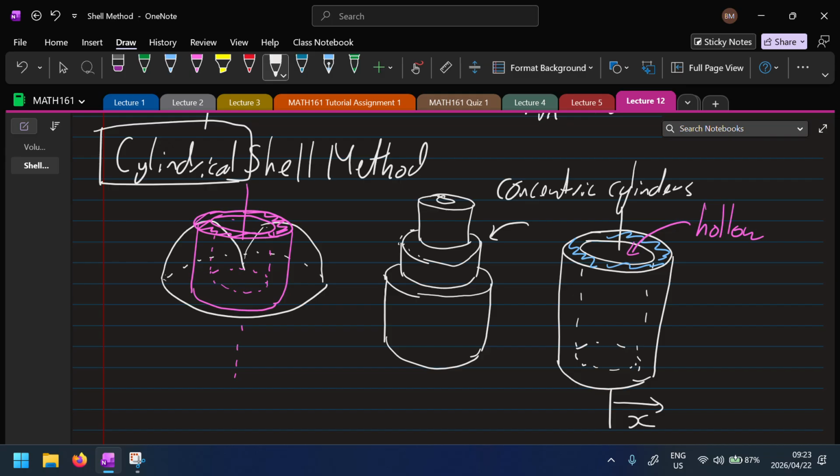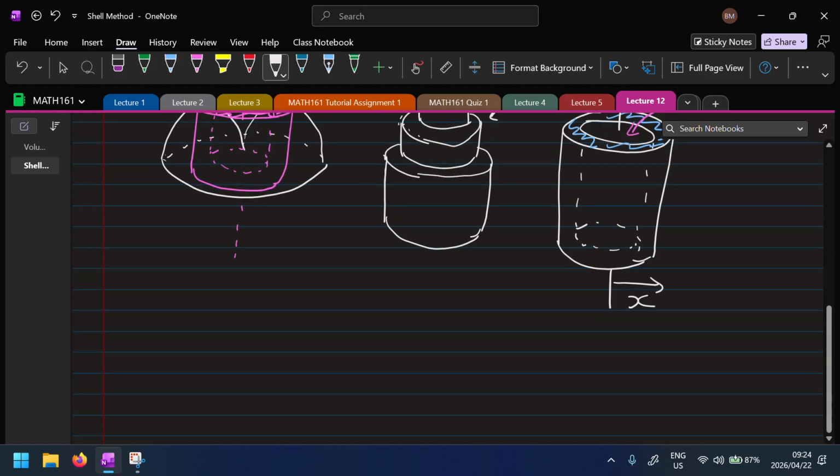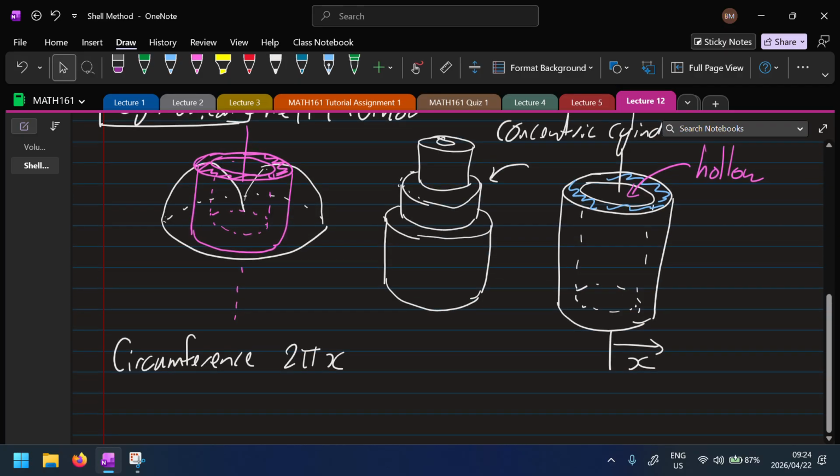What will the circumference of the cylinder be? The radius is x, so the circumference going around is 2 pi x. What about the height?